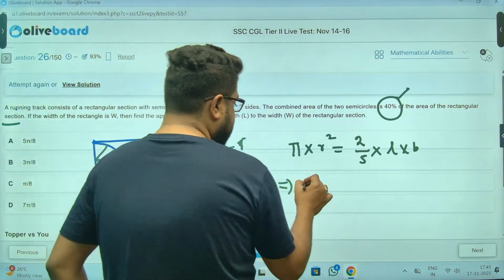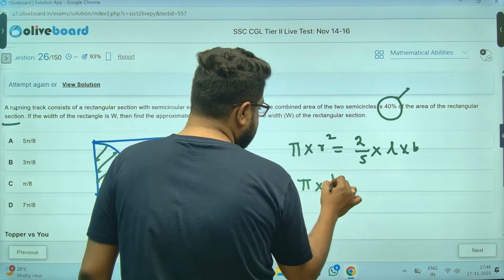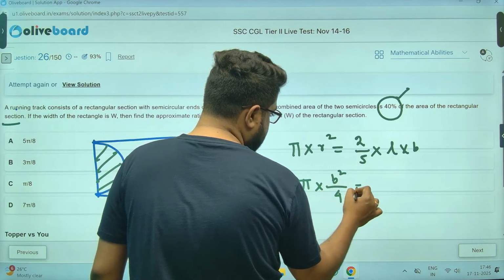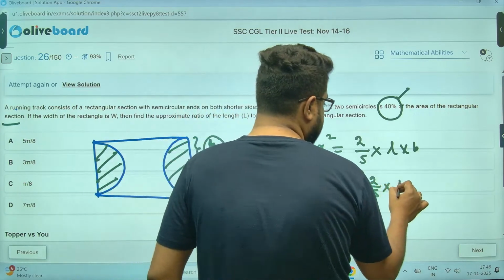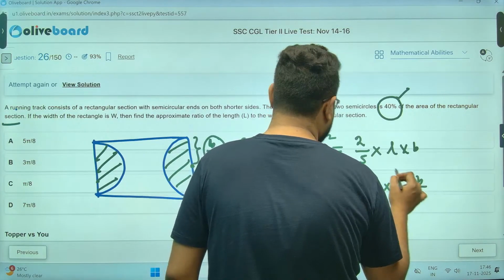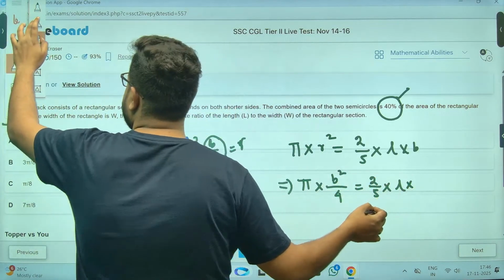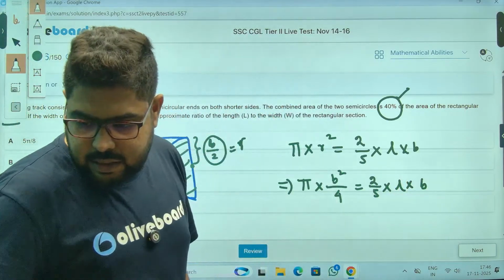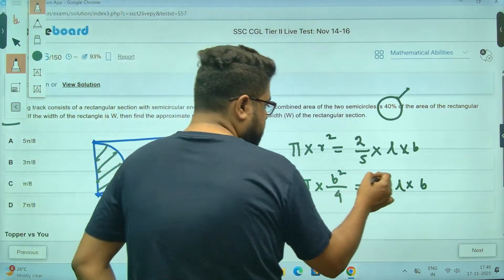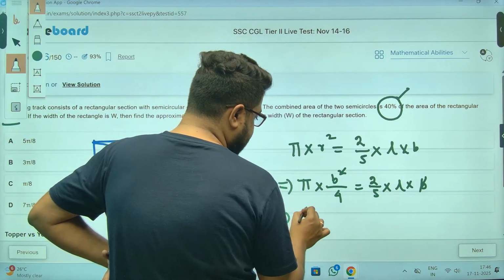So pi is there, so don't put the value of pi. R is b square by 4. That is 2 by 5 into L into b. Sorry, sir, it's b itself. This color you guys can see, na? Yeah. So b cancels. So again, L by b.